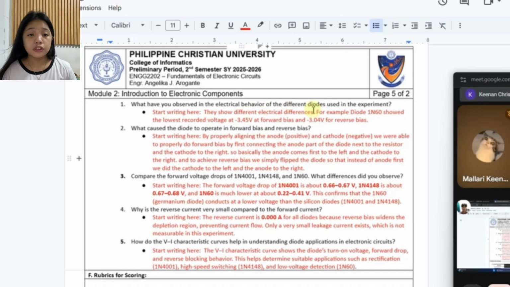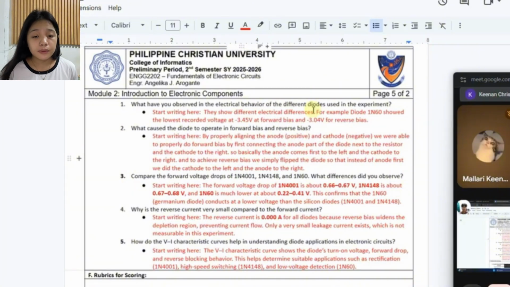First is the turn-on voltage, which means when the diode starts to conduct. Next is the forward voltage drop, which is when the current has started to flow in the circuit. And third is the reverse blocking region, which the V-I characteristic also shows, where the diode prevents the current from flowing. Because of this curve, it is easier to determine where to best use a specific diode.